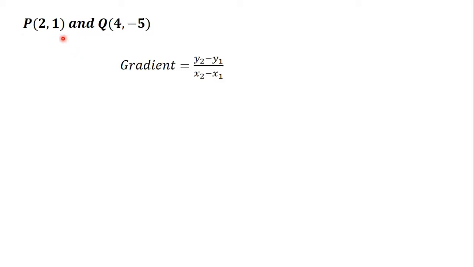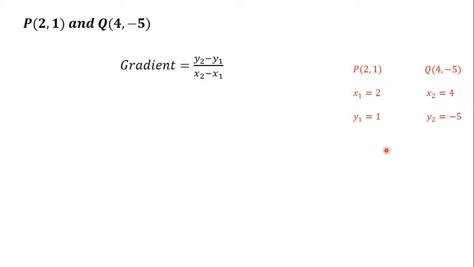Point P is the first point, so the x coordinate of point P will be x1 and the y coordinate of point P will be y1. Point K is the second point, so the x coordinate of point K will be x2 and the y coordinate of point K will be y2. So x1 is 2, y1 is 1, x2 is 4 and y2 is -5.